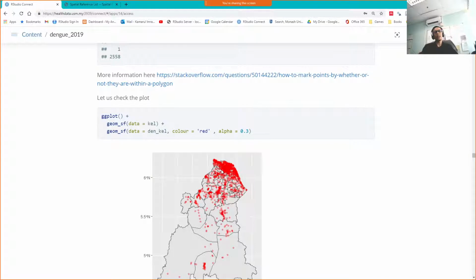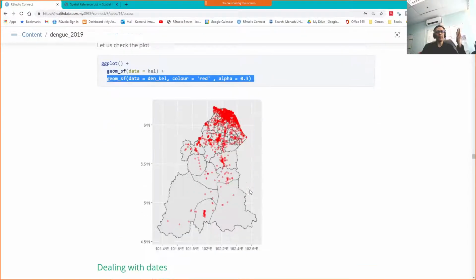So this is the point data, and underneath it is the polygon data. That's why you have geom_sf here and geom_sf here. So we have two maps overlaying one another.